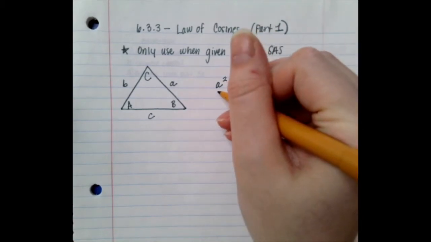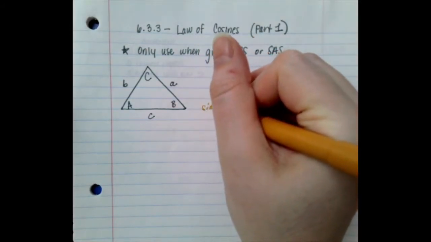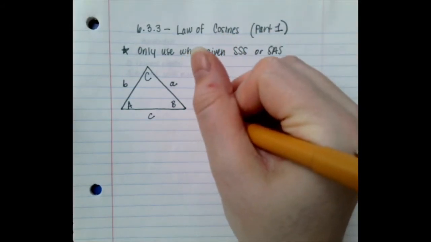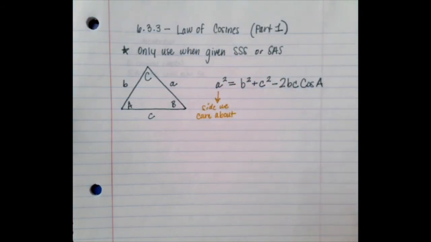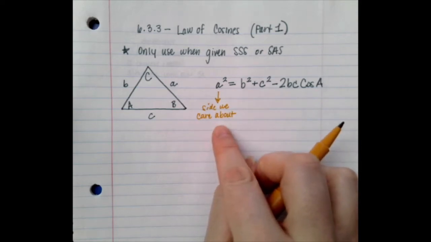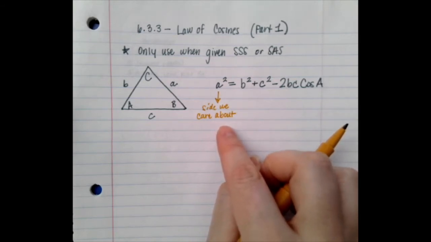Little a right out front is the side we care about. In certain cases, it's the side that we are looking for. Today we're going to be finding missing sides, so it's going to be the side that we are missing.